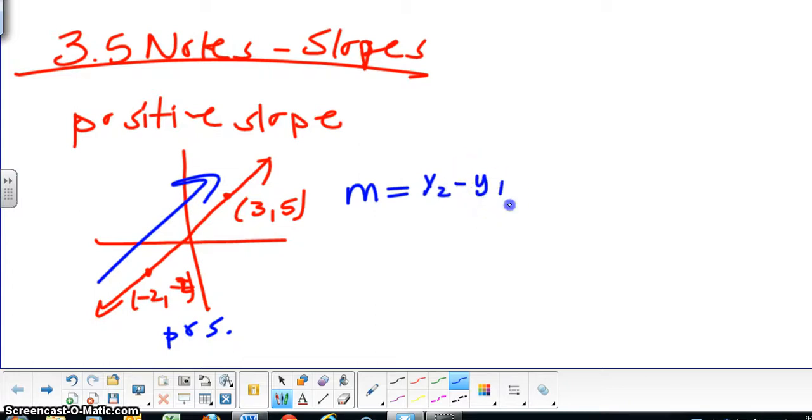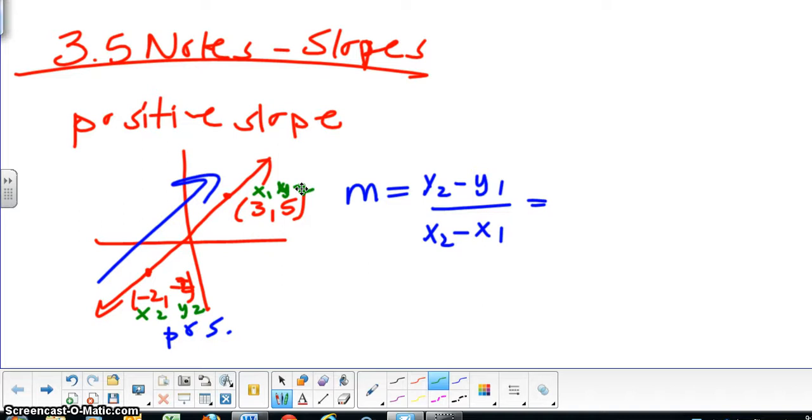So we can actually subtract the y values and subtract the x values in that order and find out what the slope is. So if you look at your points, this is our first one, x1 and y1, and then this is our second one, x2 and y2. Those are both 1s.